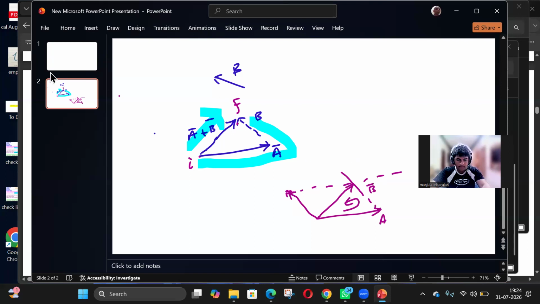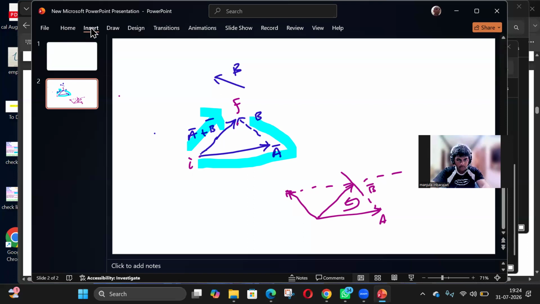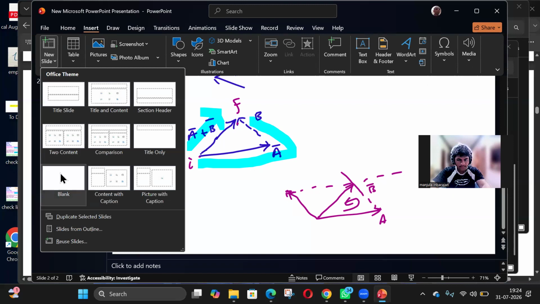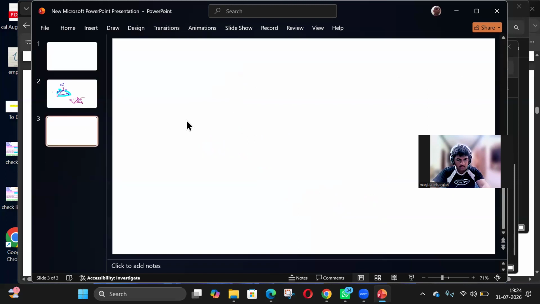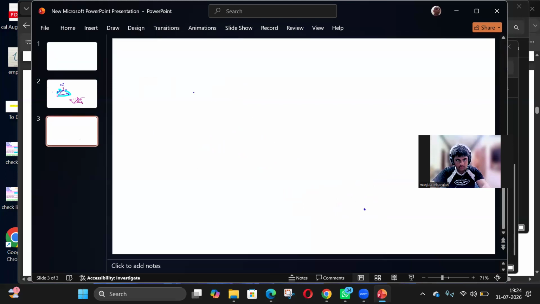Polygon law extends this for more than two vectors, say three vectors. Say the A vector, and the B vector is somewhere; I can move it parallelly and bring it here.